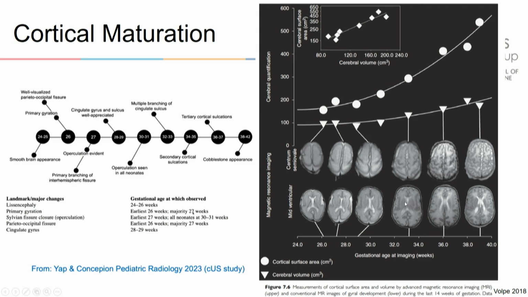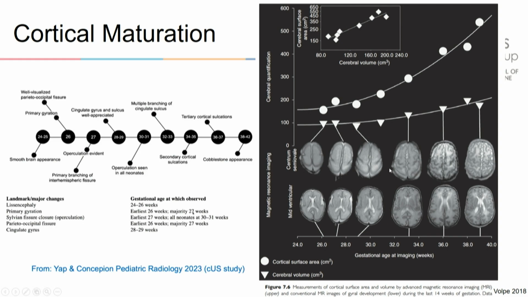So these are T2 weighted images, and I'll talk more about those later. But you can see this is about a 26-week gestational age baby, and these are all normal infants. So really the only sulci that you see are the central sulcus right here, and then the Sylvian fissure here, and otherwise the brain is smooth.